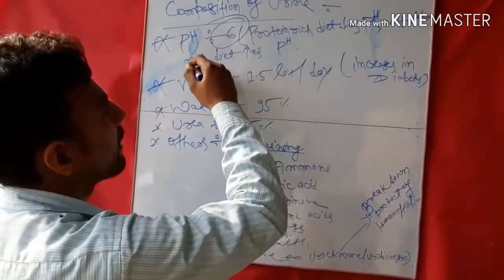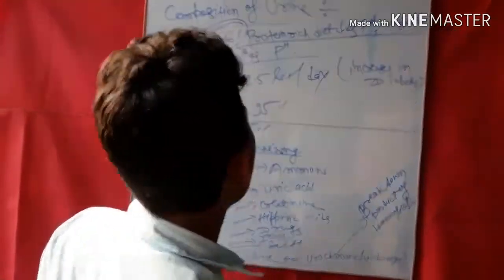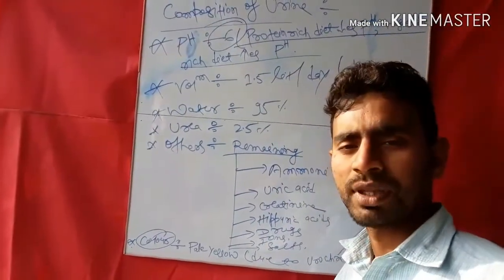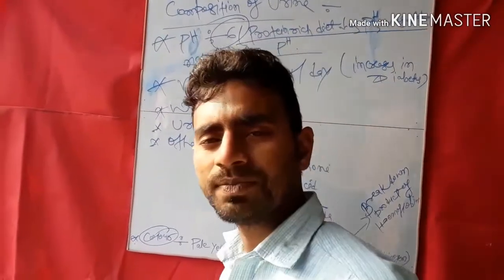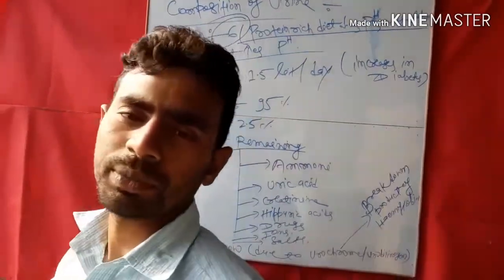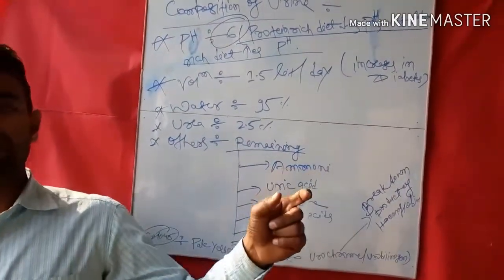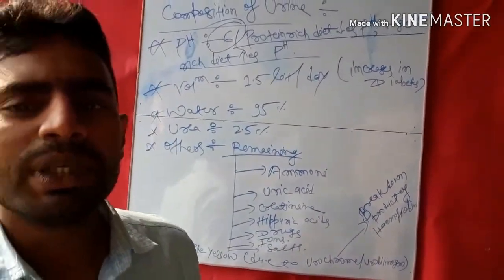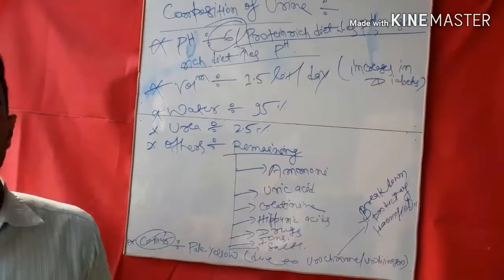From this you can understand that the pH of urine is 6, protein rich diet decreases it, and vegetable rich diet increases it.